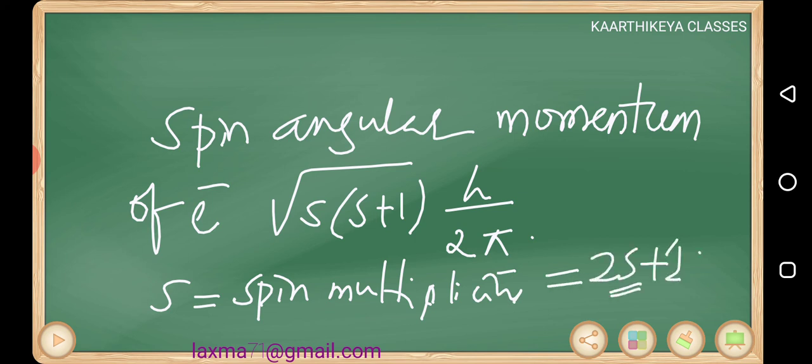Spin multiplicity is equal to 2s+1, where s is the total spin. If two unpaired electrons are there, plus half, plus half, like that. If one pair of electrons is there, plus half and minus half. This is about spin angular momentum. Orbital angular momentum is generally asked. Spin angular momentum is very rare, but it can be asked in the exam.